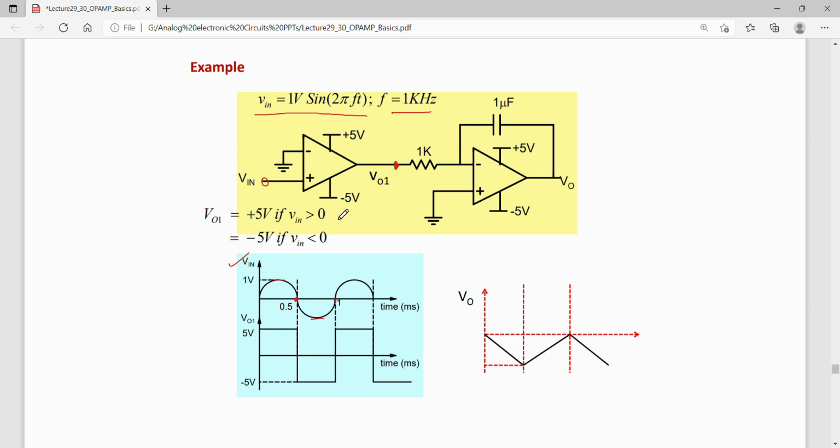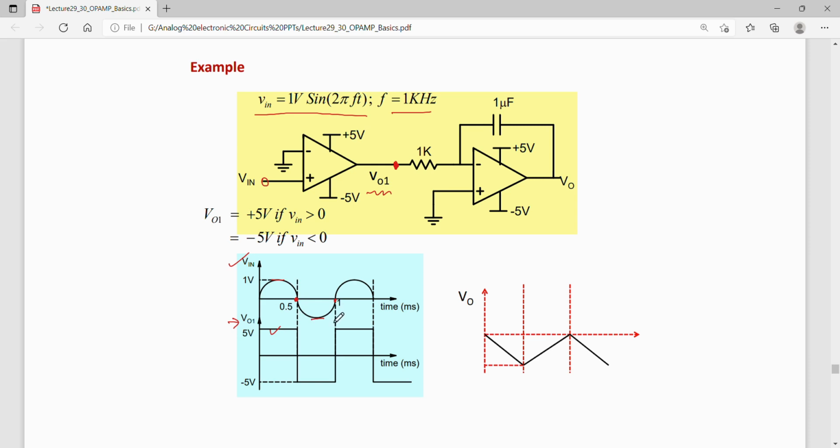For this input, the output VO1 can be found by using the fact that this compares the two signals. When Vin is positive, the output will be clipped to plus 5 volts.